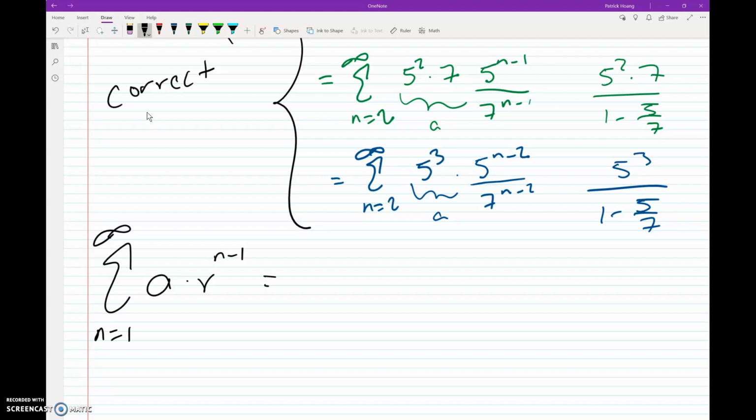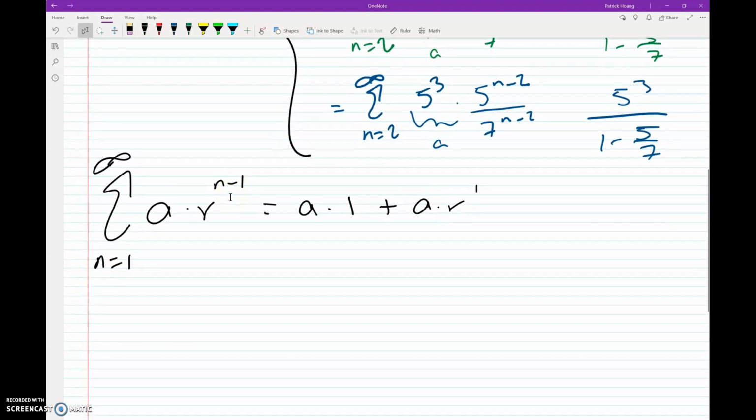Let's write out the terms. When n is equal to 1, 1 minus 1 is 0. So r to the 0th power is 1, and then a times 1 is just a. If I substitute in 2, r to the 2 minus 1 is r to the 1st power. And this a value is still there.